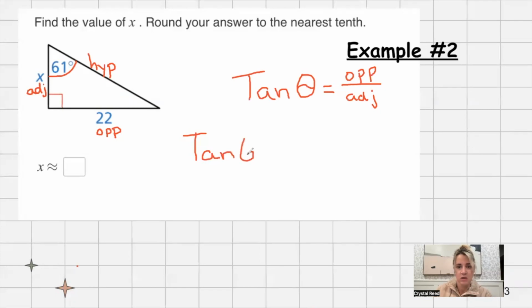Tangent of 61 degrees is the ratio of the opposite side to the 61 degrees, that was 22, to the adjacent side of the 61 degrees, which was x. And now we have an equation that we can solve because we actually have one unknown, it's the x.